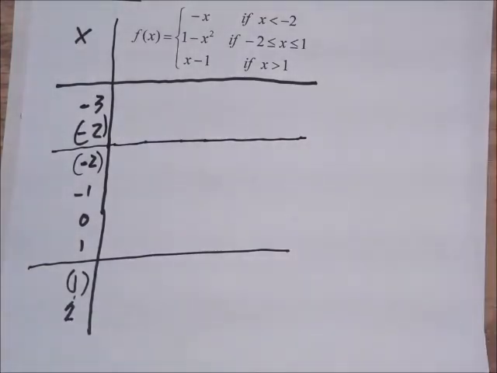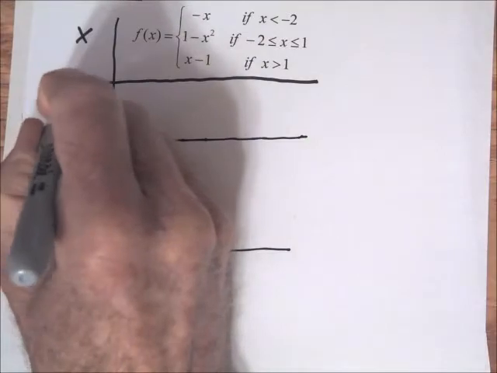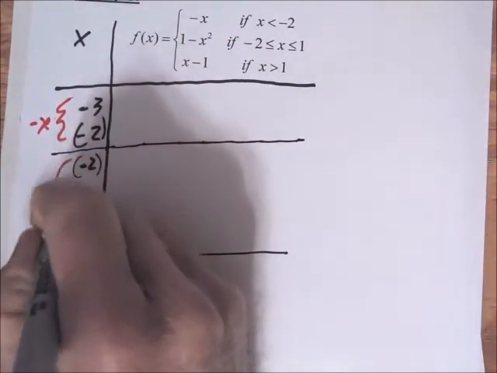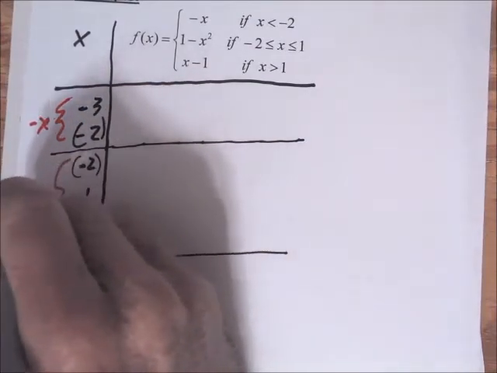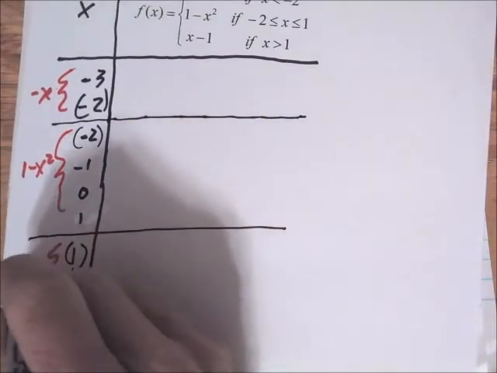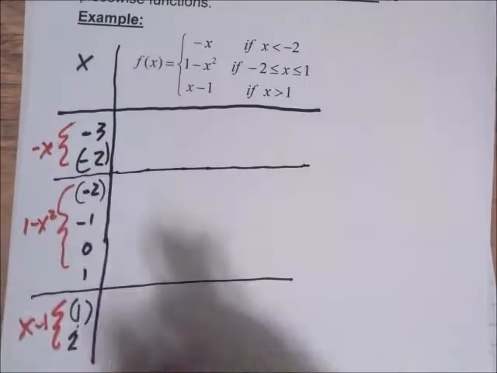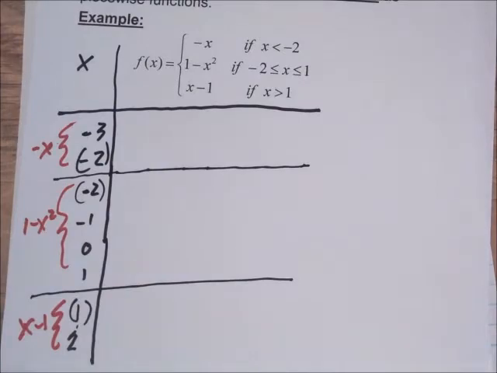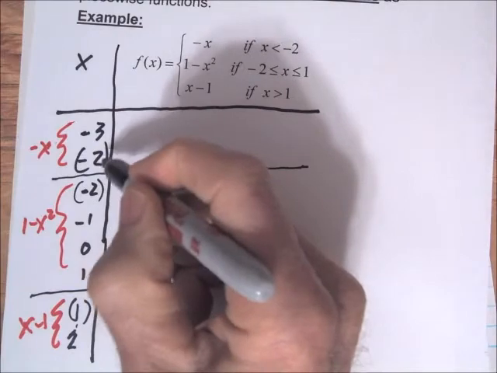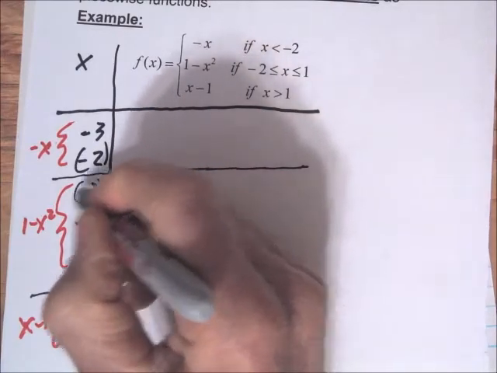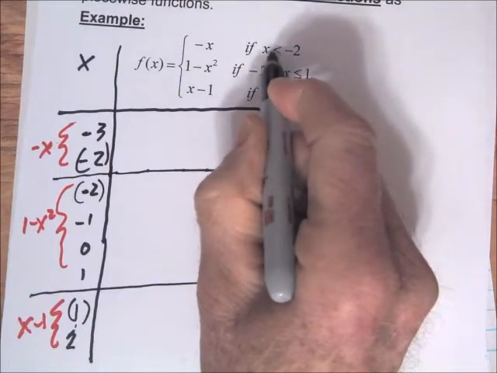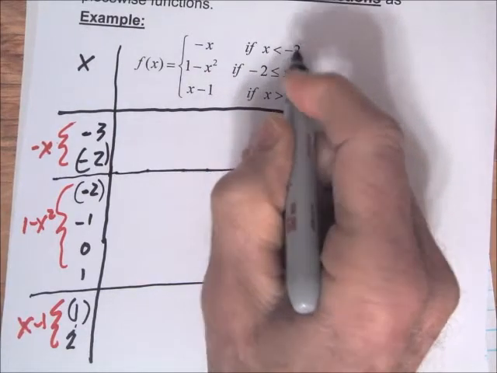And so this piece here is going to be minus x, and this piece here is 1 minus x squared, and this piece on the bottom is x minus 1. And again, I put minus 2 for both formulas because it's on the boundary, but it really only applies to the 1 minus x squared, because the first formula applies when x is strictly less than negative 2.